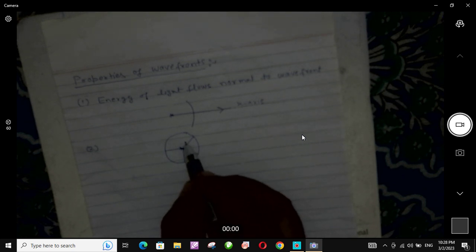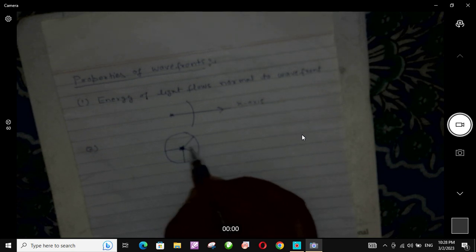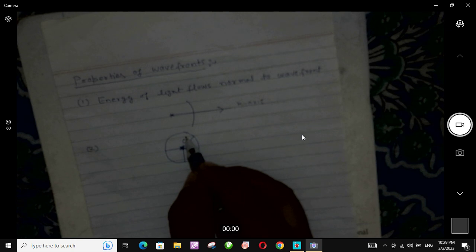If velocity of light is c and we see the wavefront after time t, then if this one is the wavefront after time t, then radius of this wavefront can be written as ct, that is distance from the center of the source up to the wavefront. So radius will be c into t, because c is the velocity of light and t is the time.